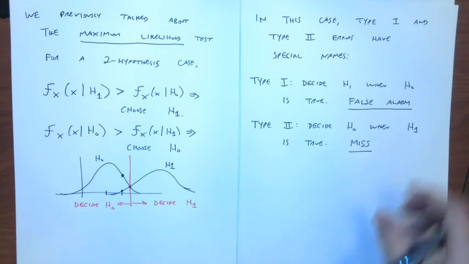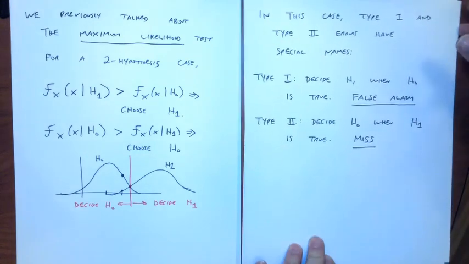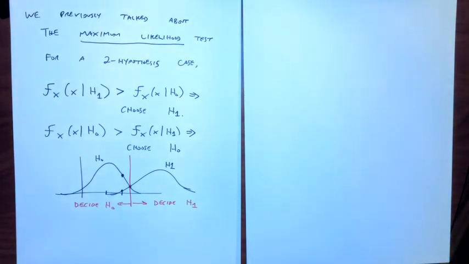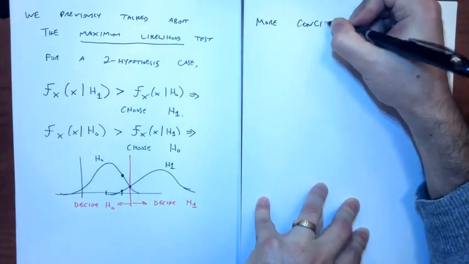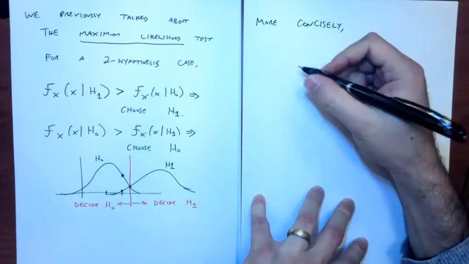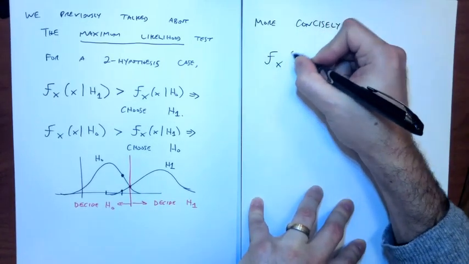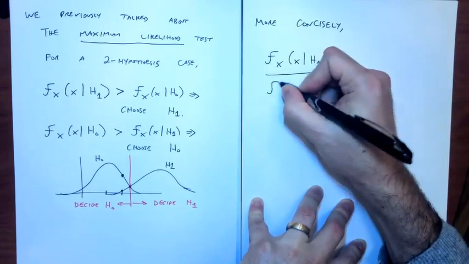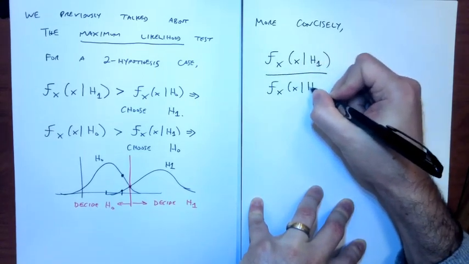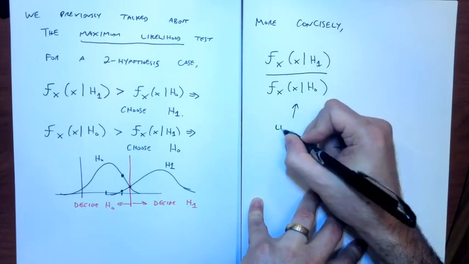And this is sometimes written in a more compact way, more concisely. Sometimes you may see this written as I look at the ratio of this number to this number. This is called the likelihood ratio.